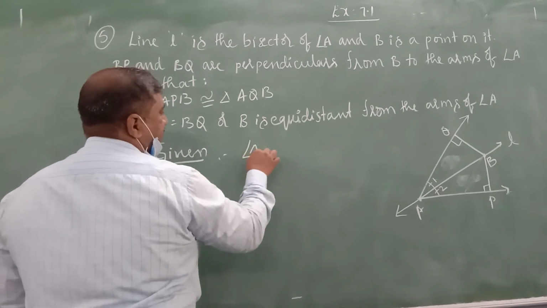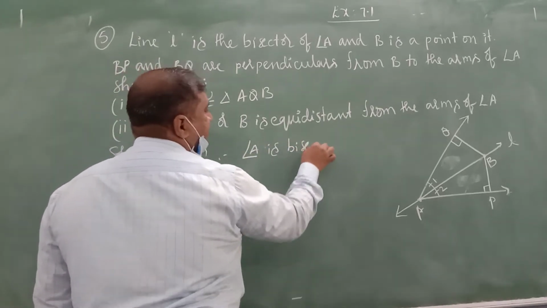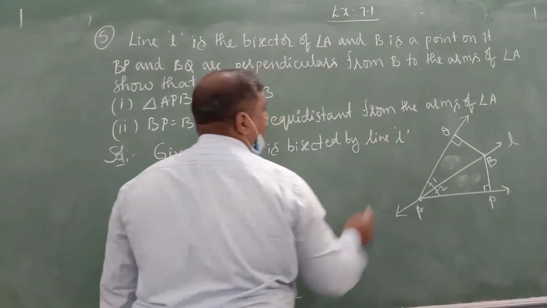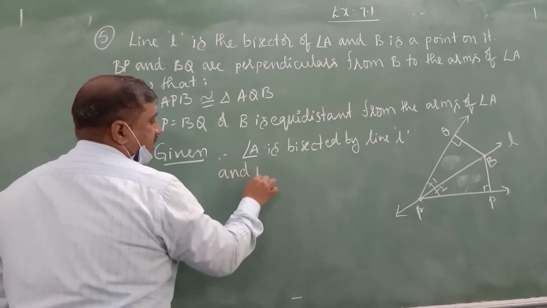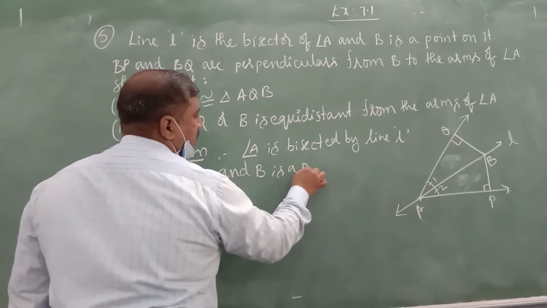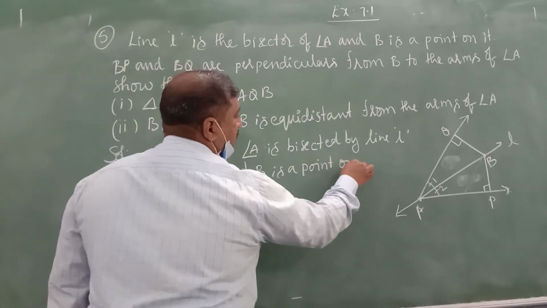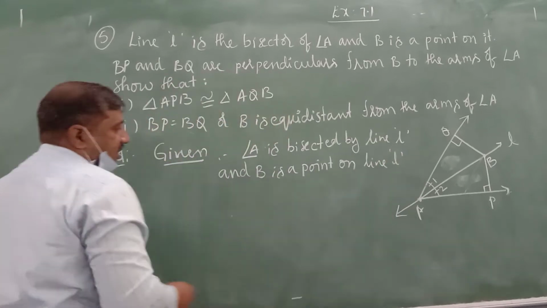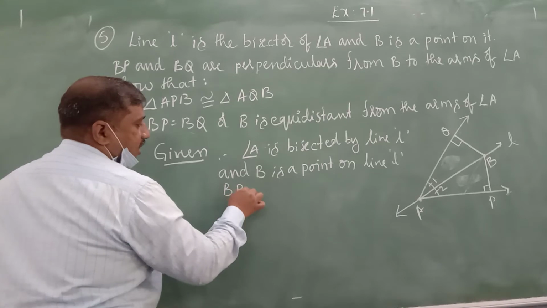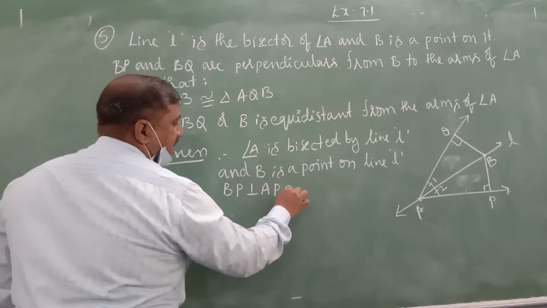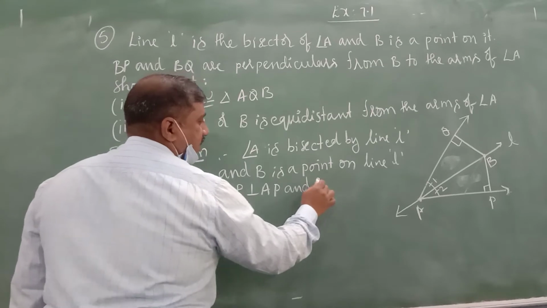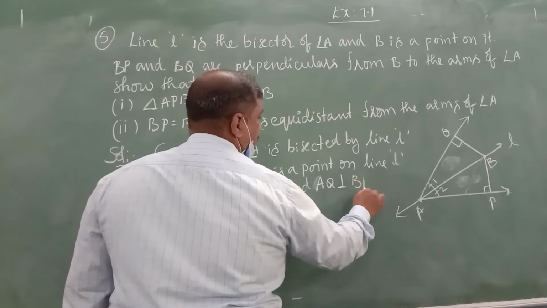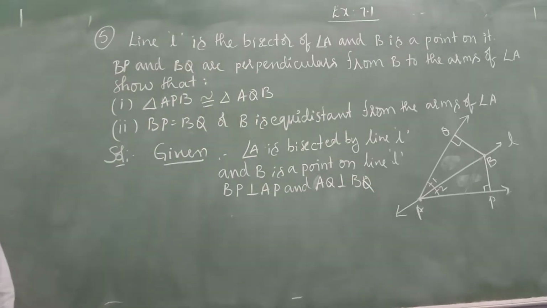Angle A is bisected by line L, and B is a point on line L. BP is perpendicular to AP, and AQ is perpendicular to BQ, or BQ is perpendicular to AQ. Both are the same. That is given.